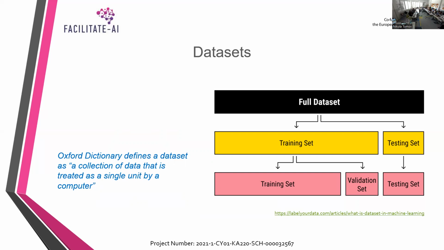A full data set must have a training set, a testing set, after a new training set, a validation set, and a testing set. You have a lot of evaluation for these data sets. Of course, the simplest definition of a data set is a collection of data that is treated as a single unit by a computer.